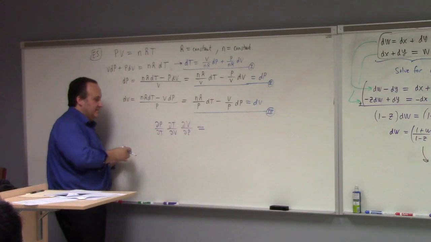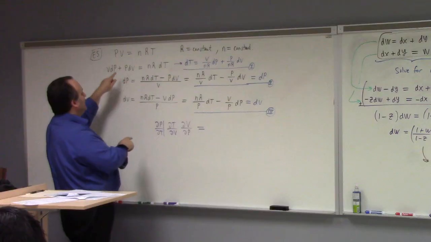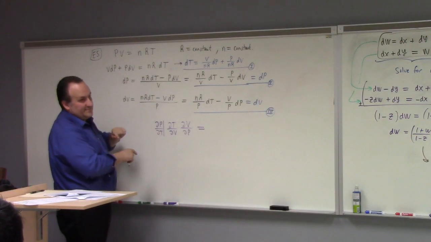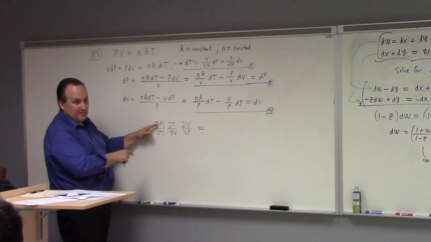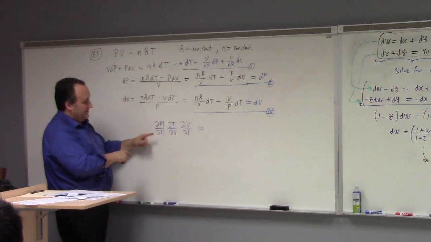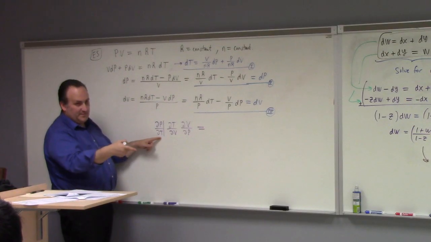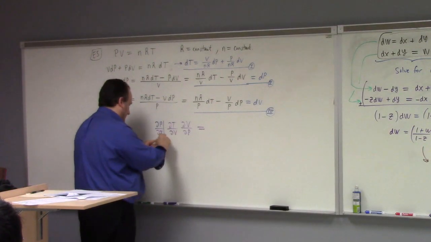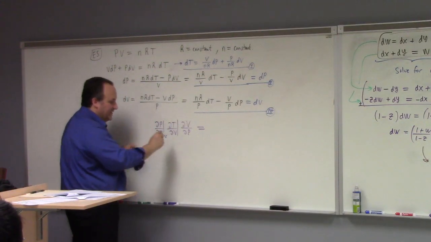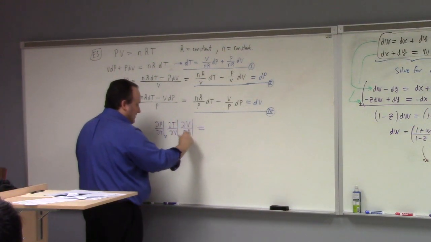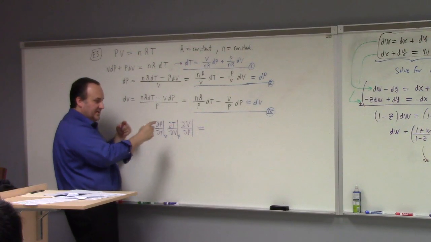The first one has to be holding what? The variables here are P, V, and T. If I'm taking P as the dependent variable, then T must be the independent variable. What's the other independent variable? V, right. So this is holding V constant. This one must be holding P constant. This one must be holding T constant, right?